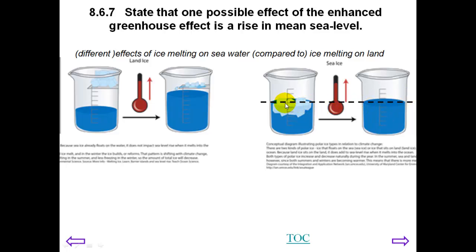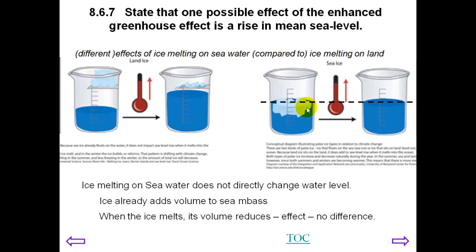The water level will be precisely the same. So ice melting on the sea does not directly change the water level, because the ice already adds volume to the sea.